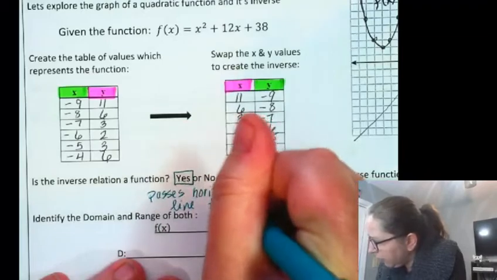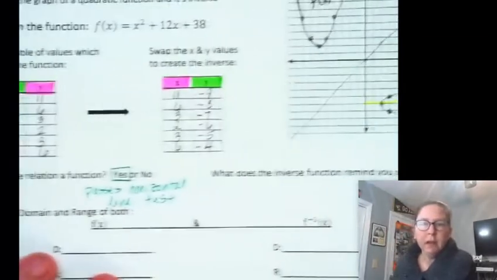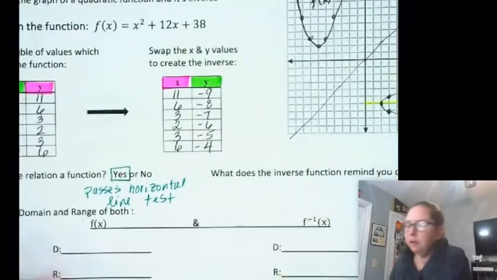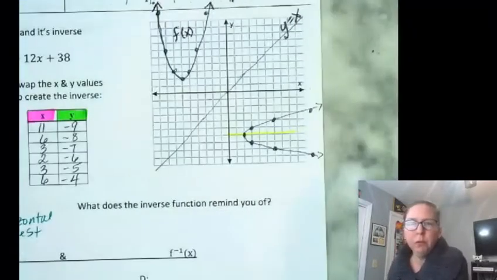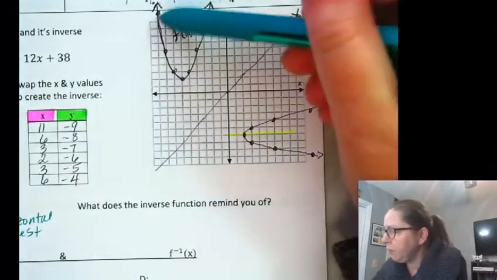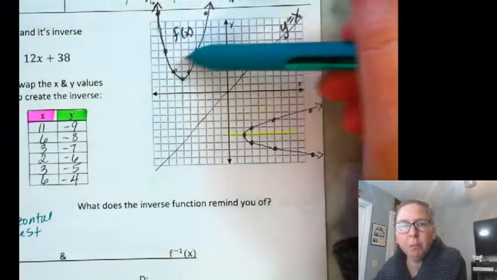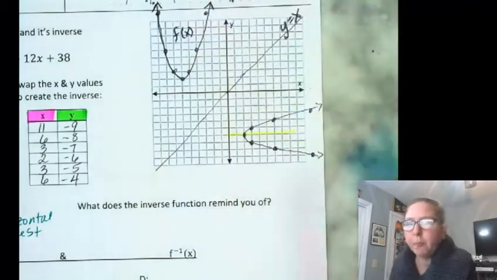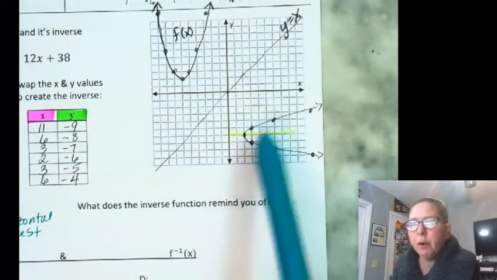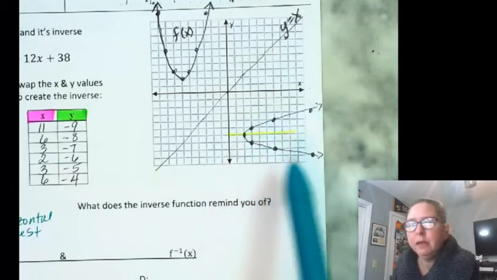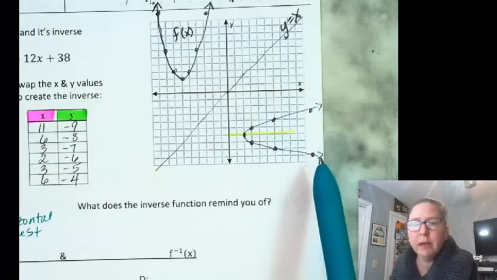I just wanted to ask you, what does the inverse function remind you of when you look at it? This is a quadratic, and I get a parabola shape. This kind of looks like a parabola that's been leaned over on its side, right?